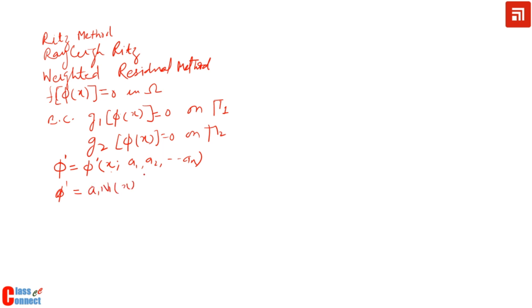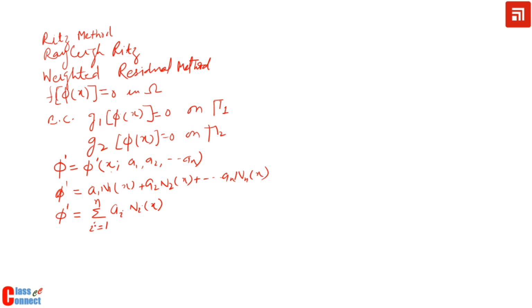N1x plus a2 N2x plus an Nnx. So in summation form, we can write phi dash is equal to the sum from i equal to 1 to n terms that we are using for this approximate function, ai Nix.